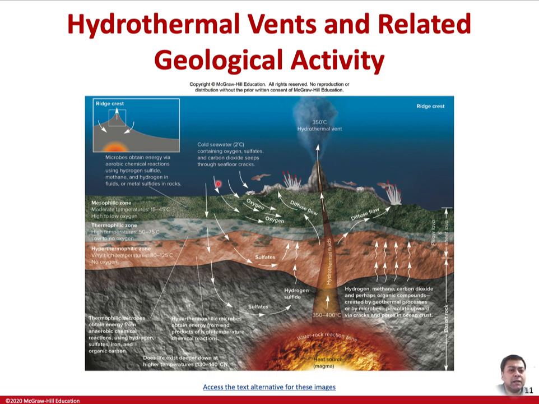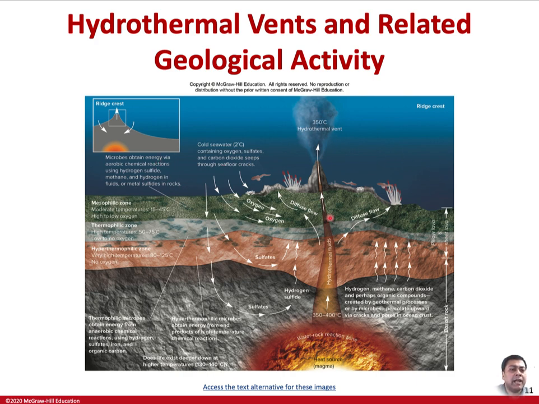The first thing we are looking at is very cold seawater, say from here. These are away from the vent, cold seawater, 2 degrees Celsius at that time. They do contain oxygen, sulfates, and carbon dioxide, and these seep through the seafloor cracks, and this is one of the communities that lives in there.